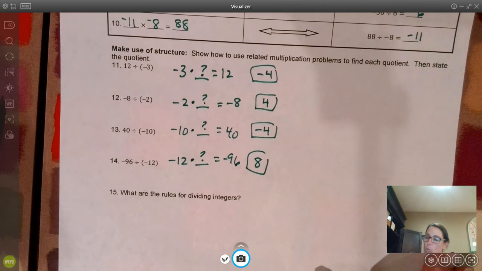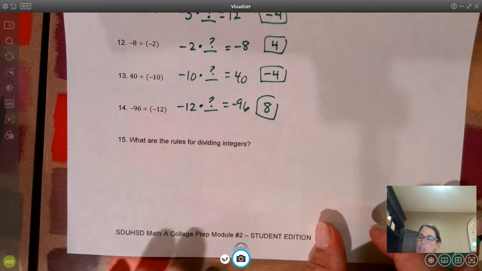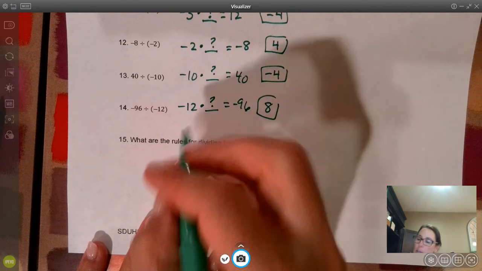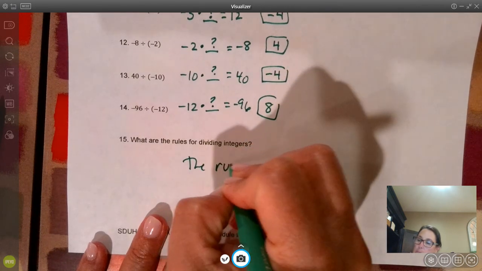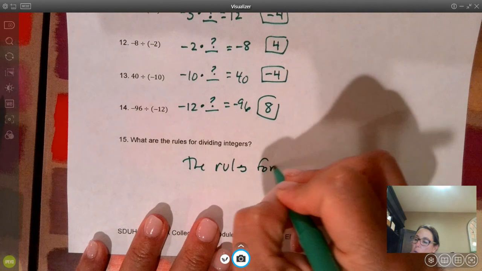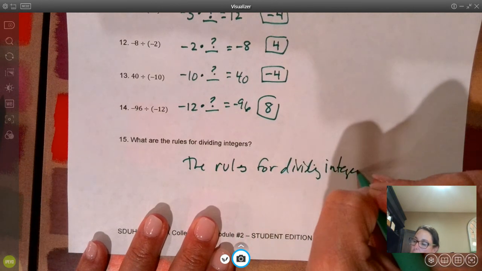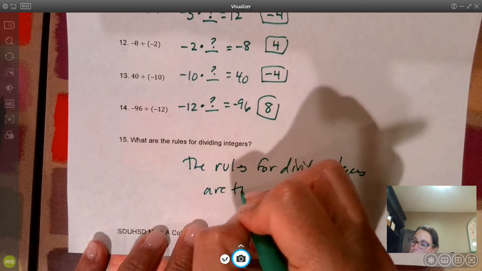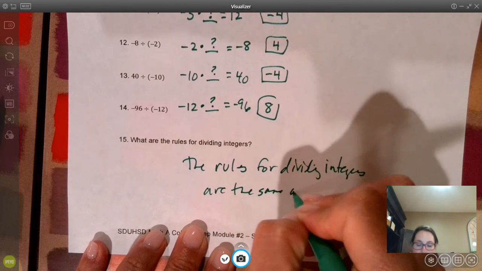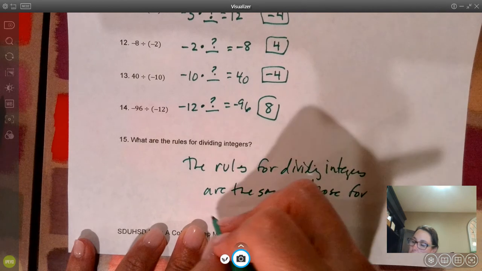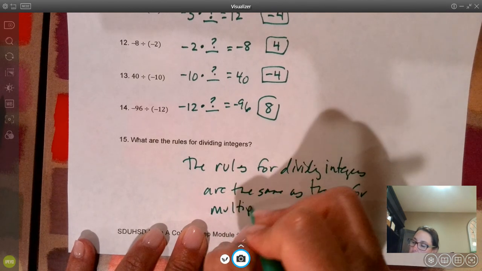What are the rules for dividing integers? I hope you understand that they are the same rules as multiplication. The rules for dividing integers are the same as those for multiplying integers.